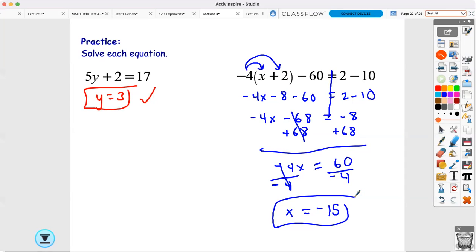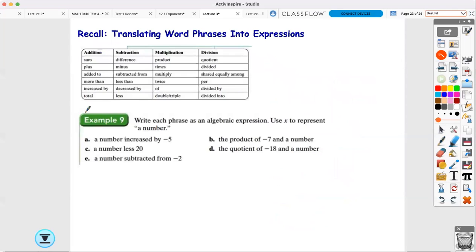No? All right, let's move on. Now, you don't have to write this chart again because we wrote it already, but I do want you to write example 9.